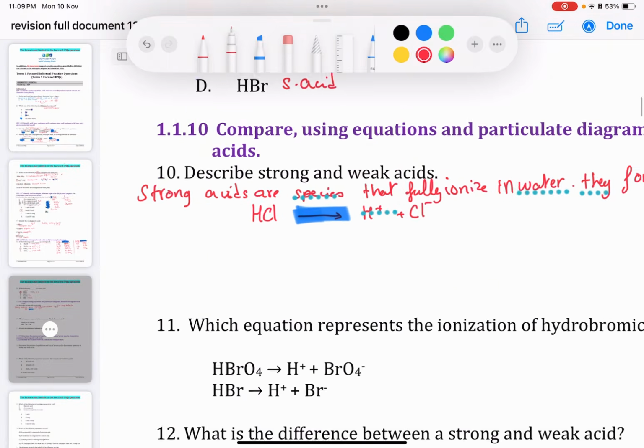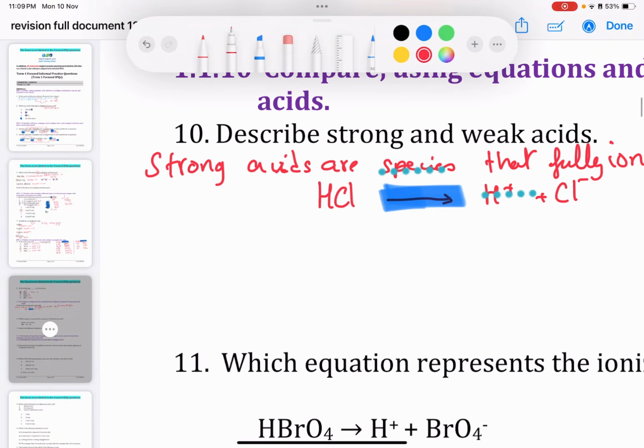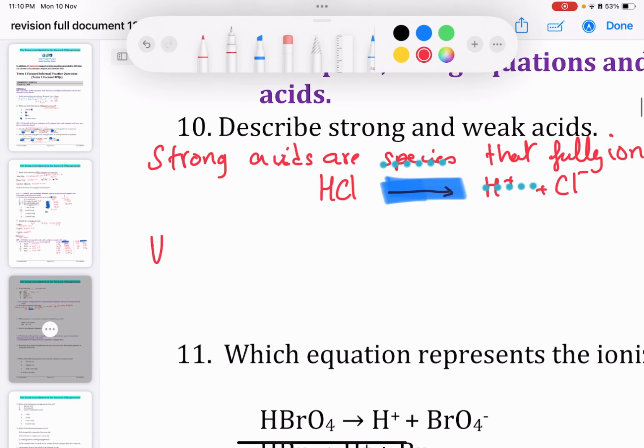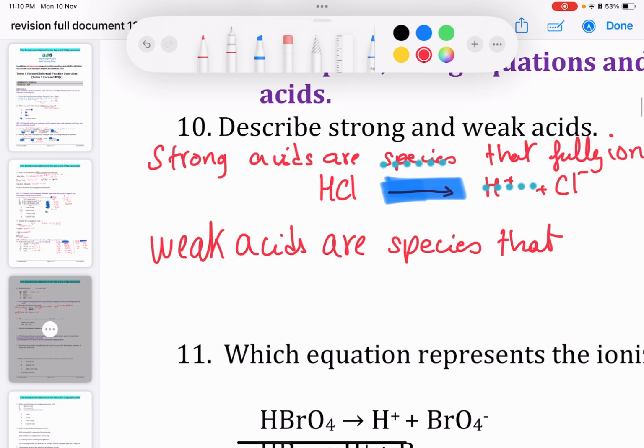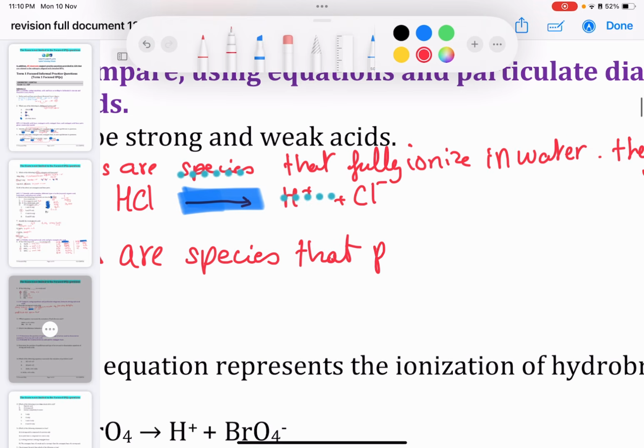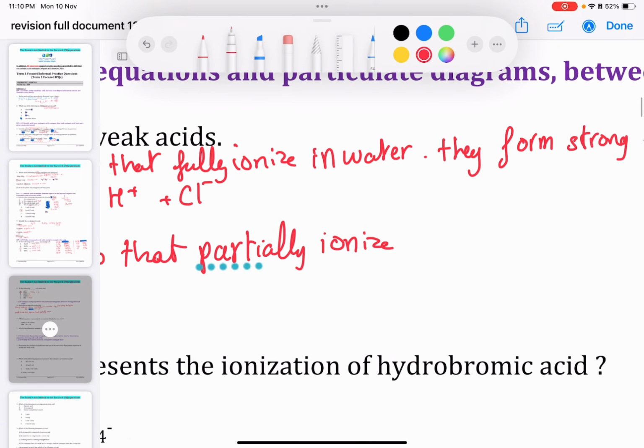Now for the weak acids, they are species that partially ionize. So weak acids are species that do not completely ionize, they partially ionize in solutions in water.